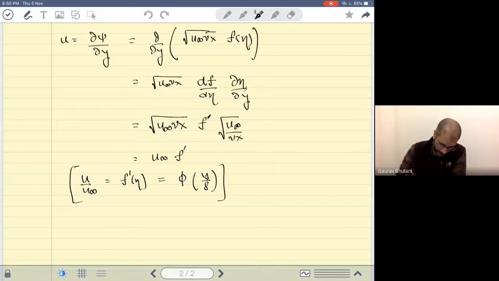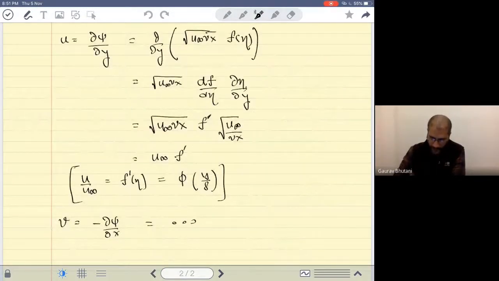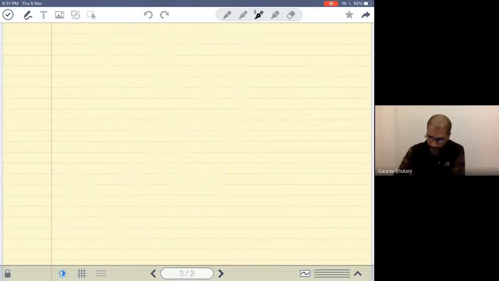And then we also found the v value, which was nothing but del psi by del x. This was again in terms of f prime, x and y, and then we substituted the expressions for u and v, and then del u by del x, del u by del y, and the second derivative of u with respect to y, all of these into the x momentum equation. The x momentum equation, along with the boundary conditions of course, simply became an ordinary differential equation.